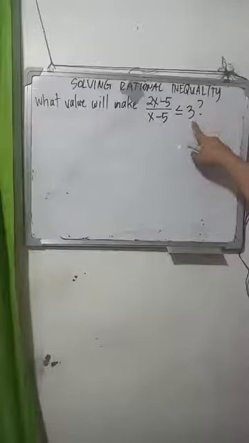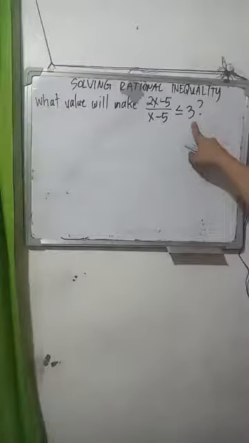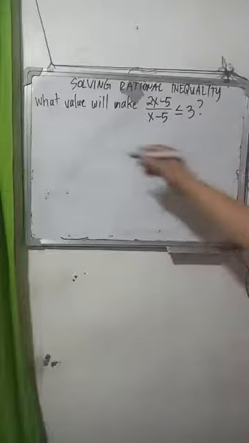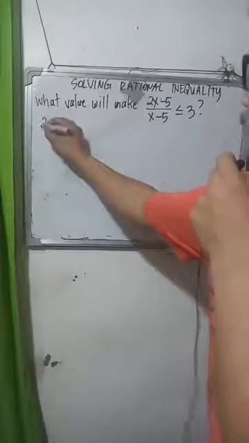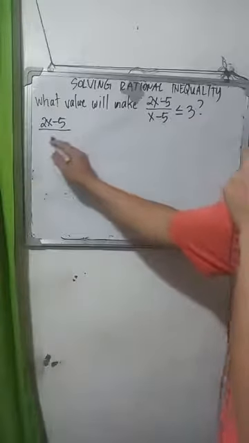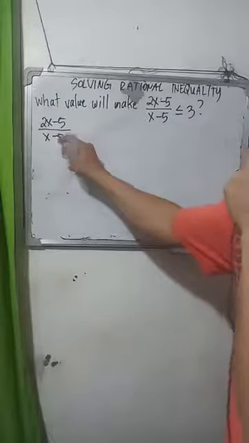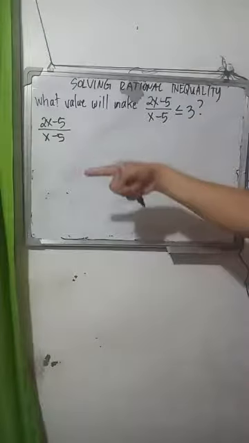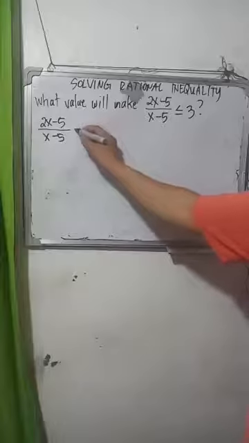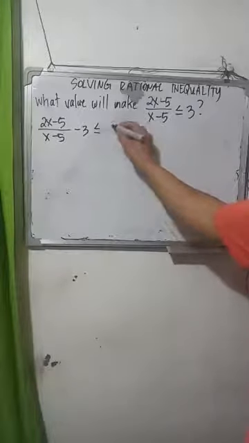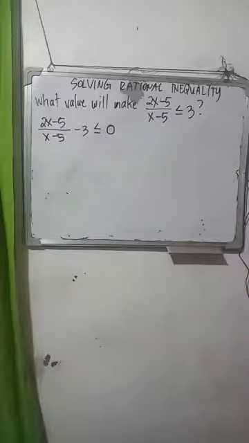So paano natin gawin yan? So we have to transpose positive 3 to the left side. So that will make 2x minus 5 over x minus 5. Pag i-transpose natin ang positive 3 sa kabila, it will become negative 3 less than or equal to 0.